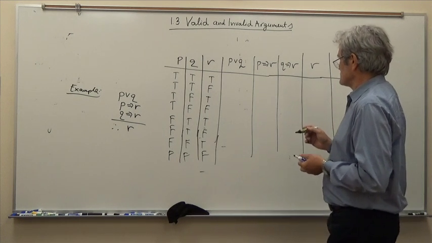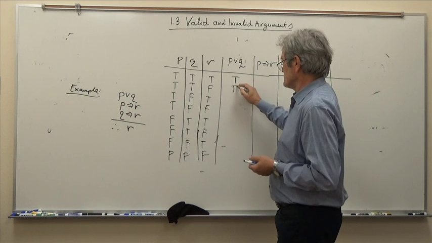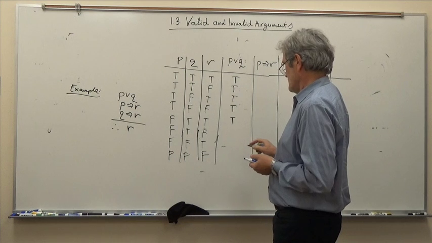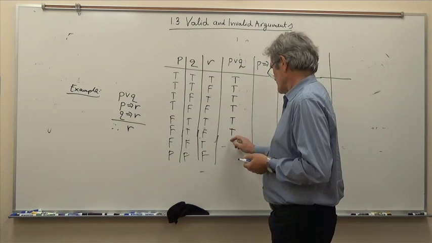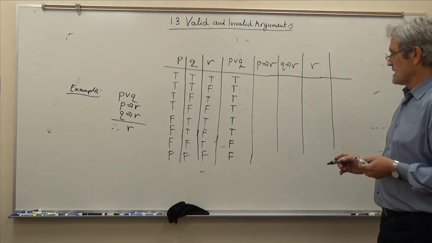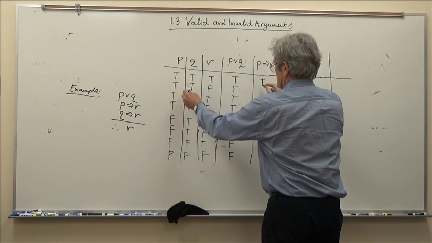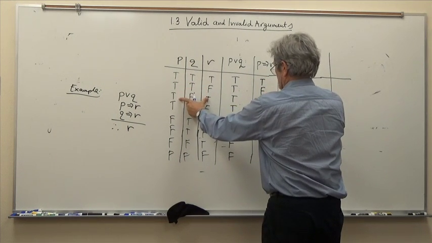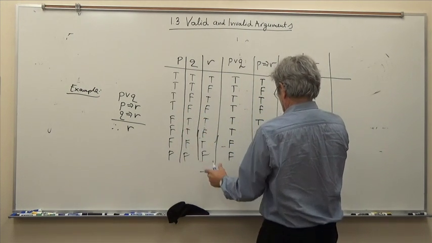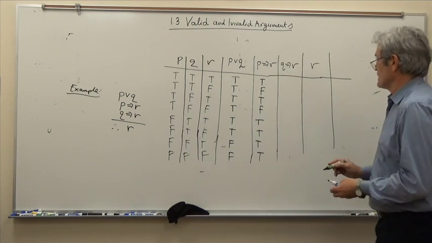So what do we get here? P or Q is true here, here, here, here, here. False, and true, and here it's false. Here are 8 lines. P implies R. This is true here, false here, true here, false here, and true here, because when P is false, everything is true.